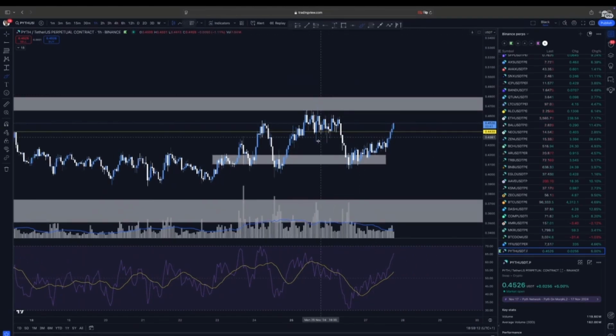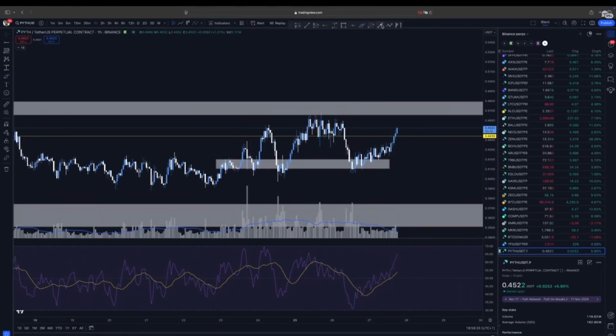For example, if it hit your block here, your supply zone, and got rejected heavy, and then the next time it went up it got rejected light again. So up, nasty rejection, went back up, small rejection, up, smaller rejection.